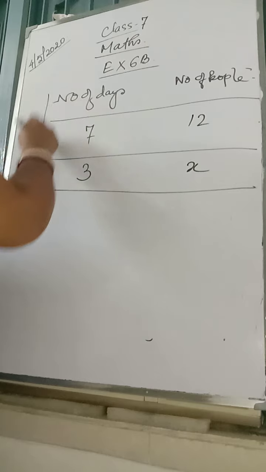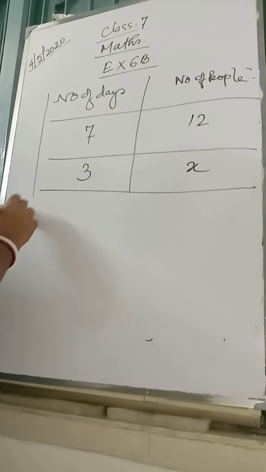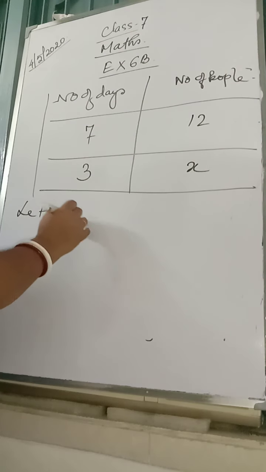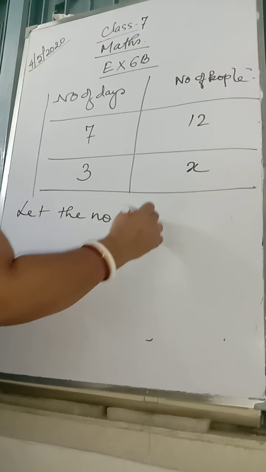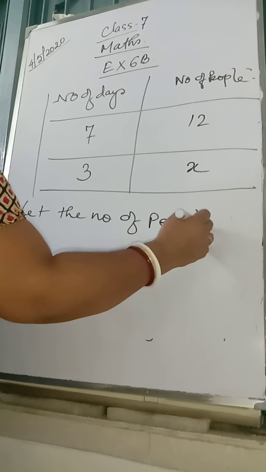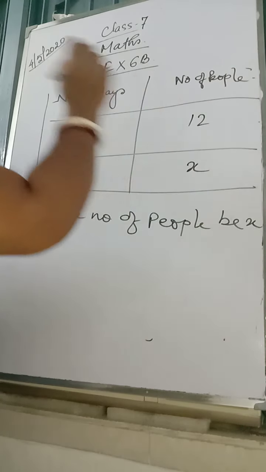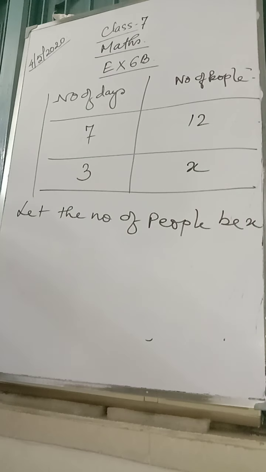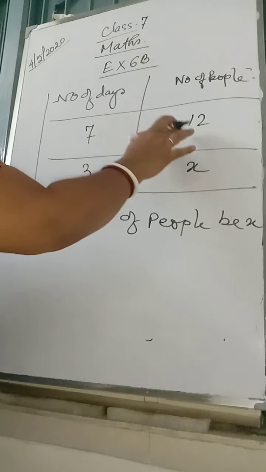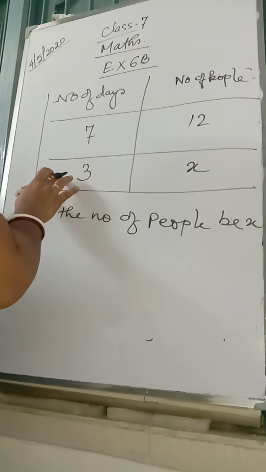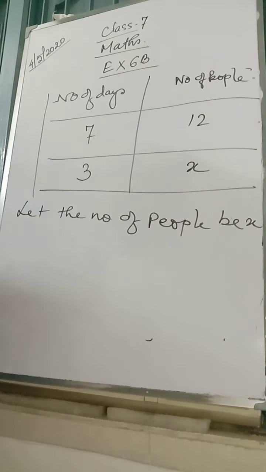Okay? Let the number of people be X. Now you will tell me whether it is a direct variation or indirect. 7 days, 12 people. Now the work has to finish earlier, so we have to apply more people. Then only the work can be finished earlier.